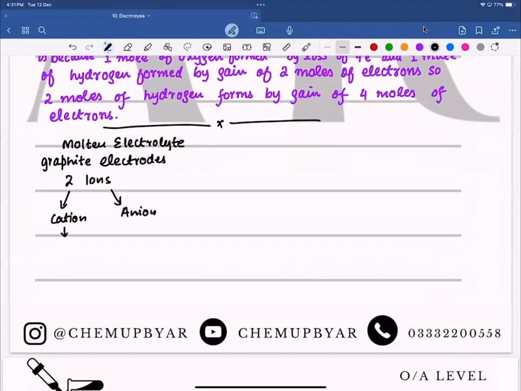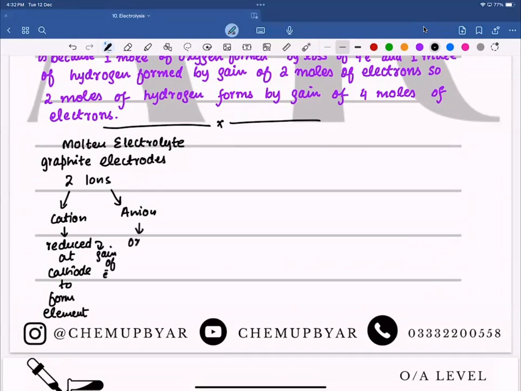Cation is reduced at the cathode to form an element, and reduced means gain of electrons. Very good, gain of electrons.